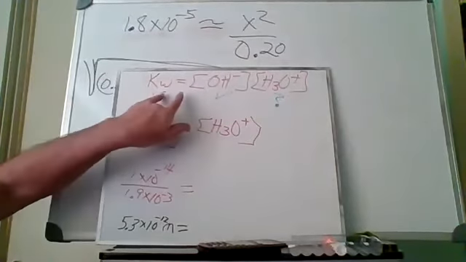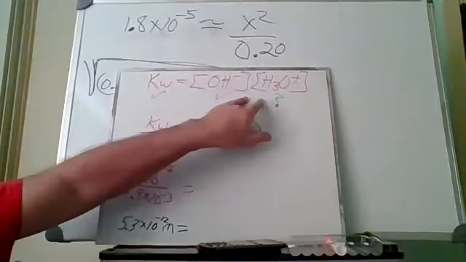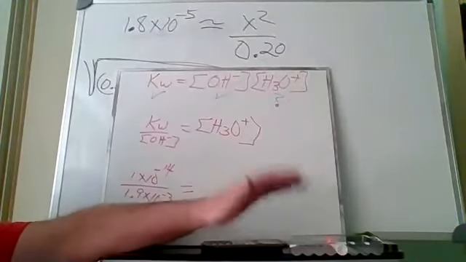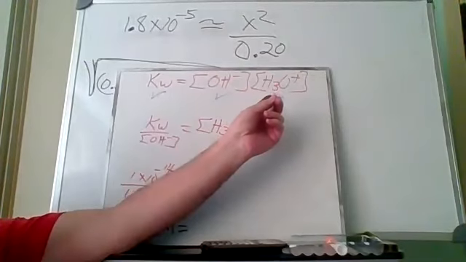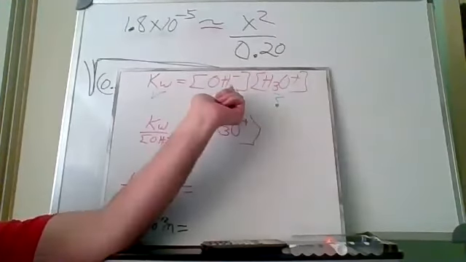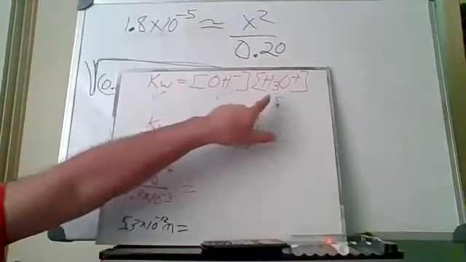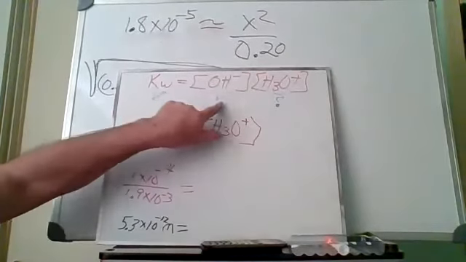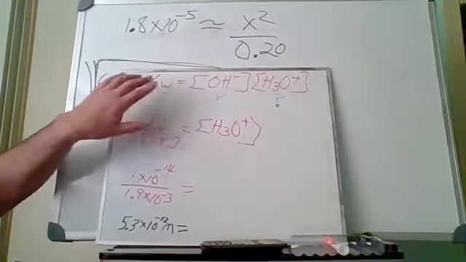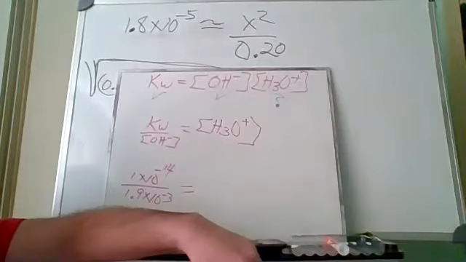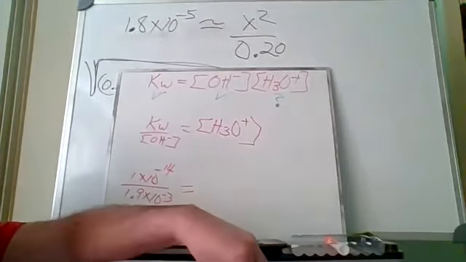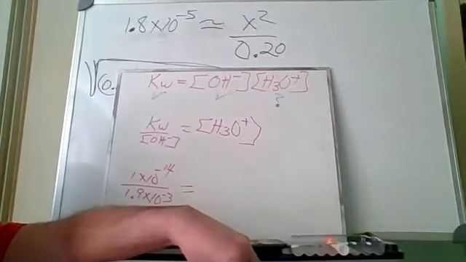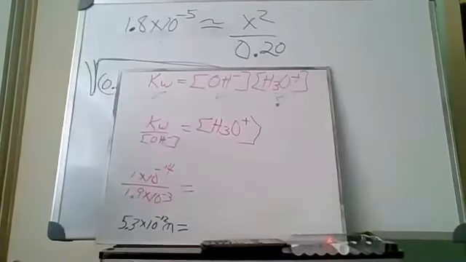You're going to use this relationship a lot, this ionization product for water, because in some problems you know the hydronium ion concentration and you're asked to find hydroxide, or, as in this problem, you knew hydroxide and you're finding the hydronium ion concentration. But again, it's setting up an ICE table, setting up an expression for either Ka if it's a weak acid, or Kb if it's a weak base, and then just plug it in.